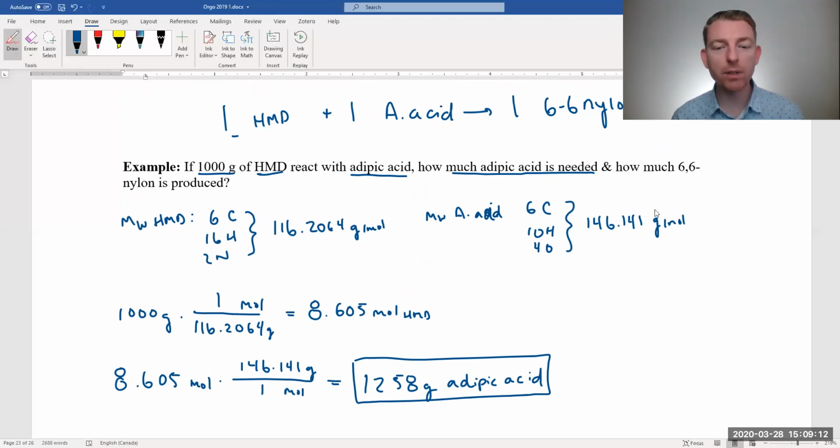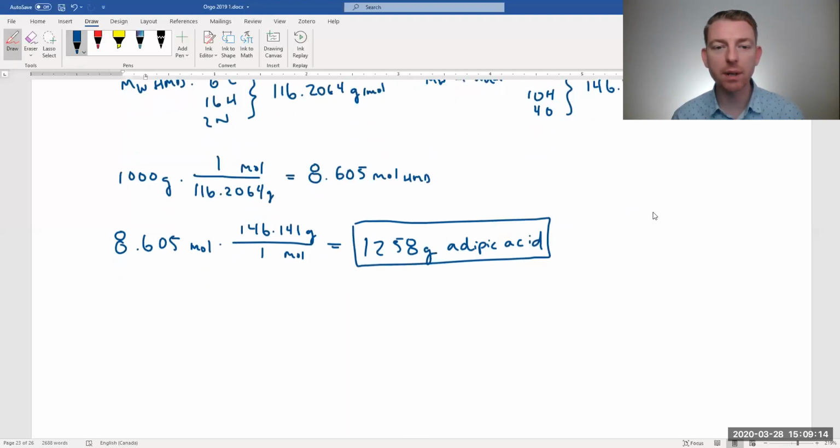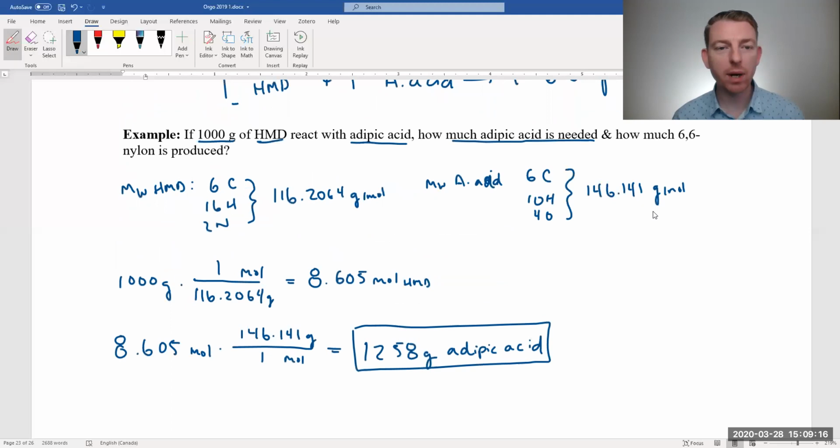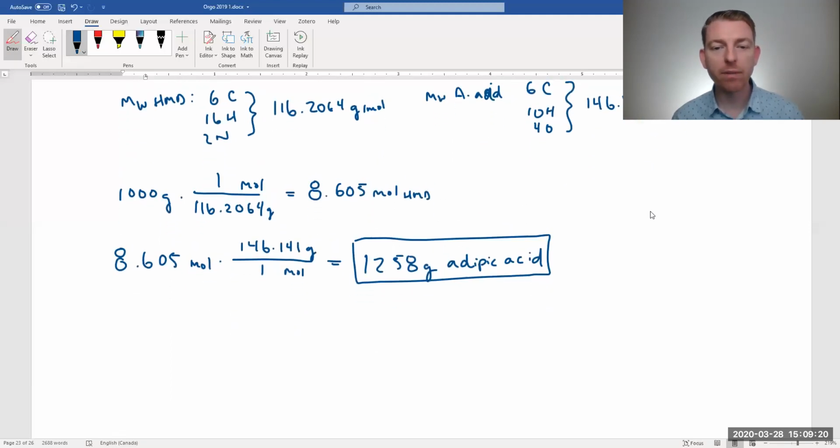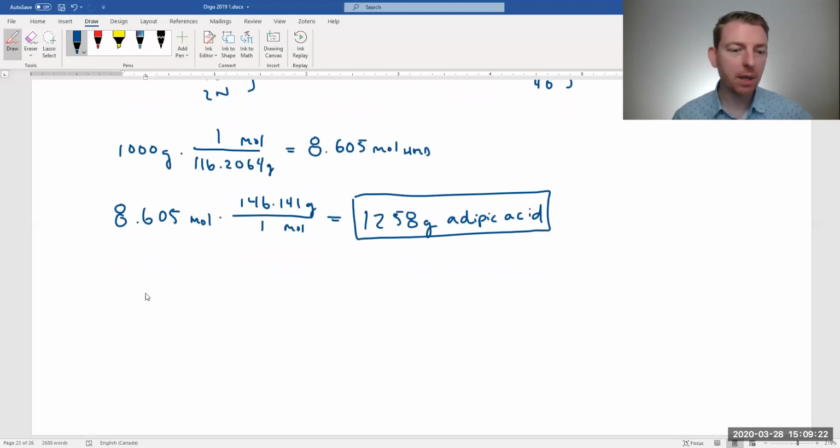Okay, so how much nylon do we get produced here? If we have 1,000 grams of the HMD and 1,258 grams of the adipic acid, then obviously, with the balanced reaction, we have 8.605 moles of HMD plus 8.605 moles of the adipic acid.